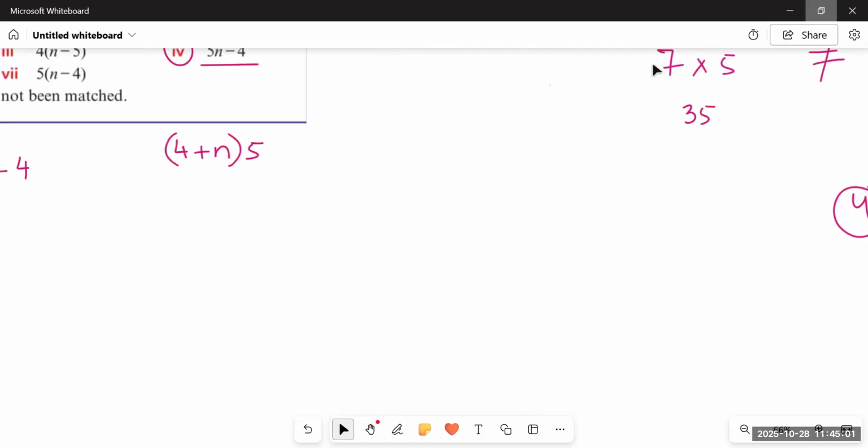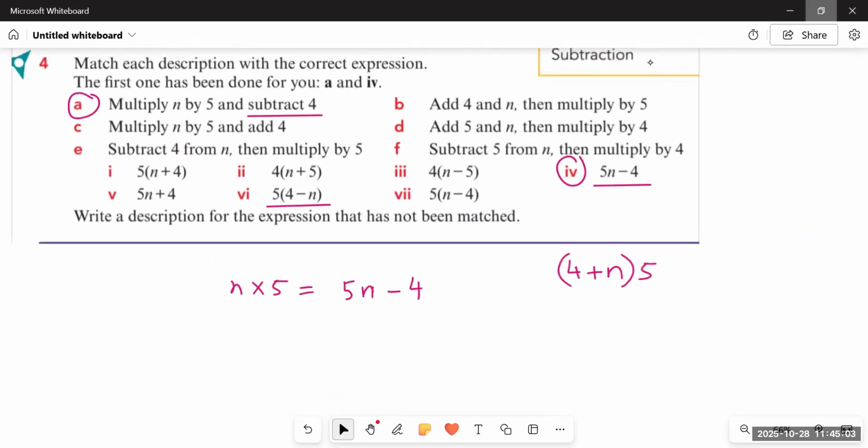Okay, and why is it so important in case of expressions having variables? Because we cannot add variables with constants. They're not like terms. So in this case, enclosing them into bracket is even more important. Okay, so it's 4 plus n bracket 5, and that's which one? I can see it's here, number 1.